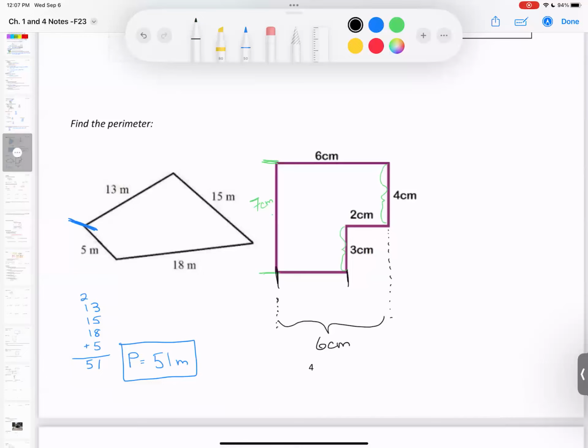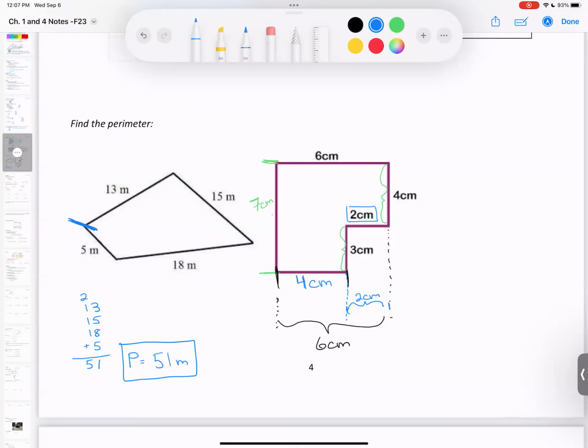And you've also been told this 2 here. Okay, so if I dropped this down, we know this length from here to here is 2. Okay, so we can actually figure out that other missing length because it must be 6 centimeters minus 2 centimeters, right? Those two side lengths have to add up to 6, in other words. So this length here is going to be 4.